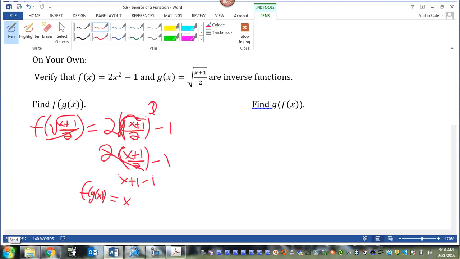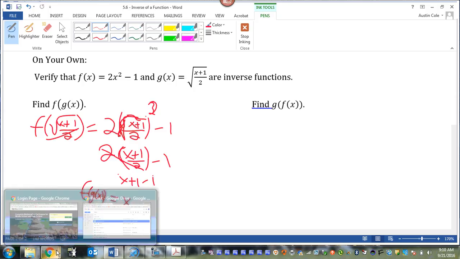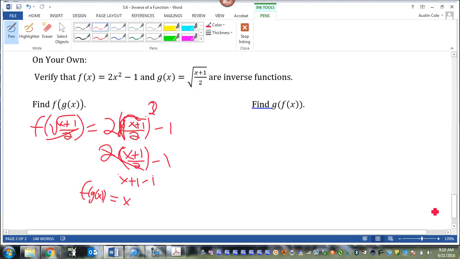Will it always come out to be just x? If they are inverses, yes. So if you get x plus 3 here, you know they're not inverses. Does that make sense? Yeah. That's our goal, to show that these are inverses, we should get x. If we get anything else besides x, they are not inverses. So we're halfway there, because both of them have to equal x for them to be inverses.